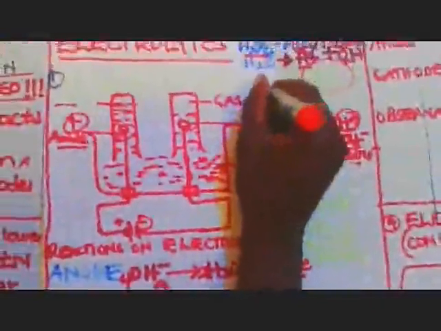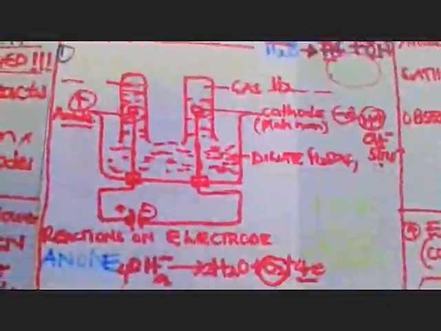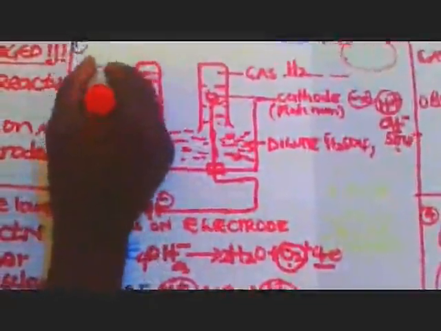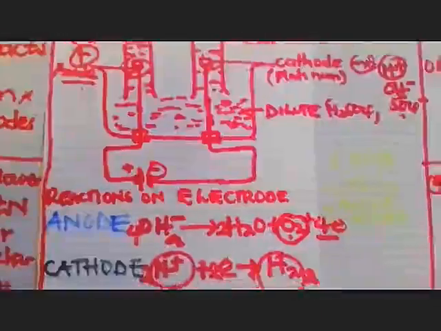Now when we come back to our diagram to put the gases, at the cathode we have hydrogen gas, and at the anode we have oxygen gas. So we have two gases, oxygen at the anode and hydrogen at the cathode.